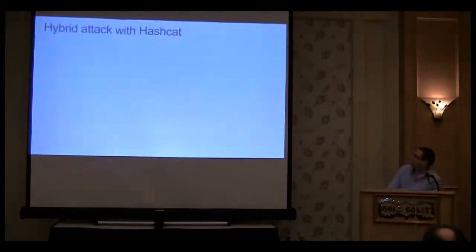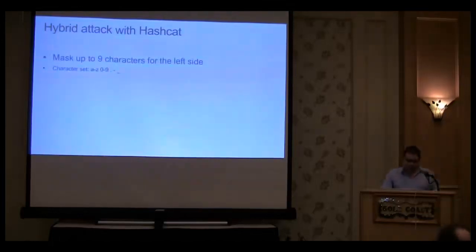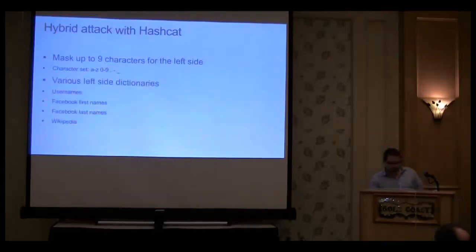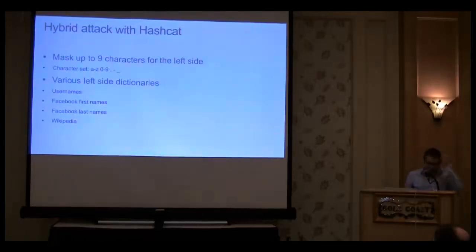So what I did was a hybrid attack with Hashcat, with a character set of A-Z, 0-9, and dot, dash, and underscore. That's the mask side in Hashcat.